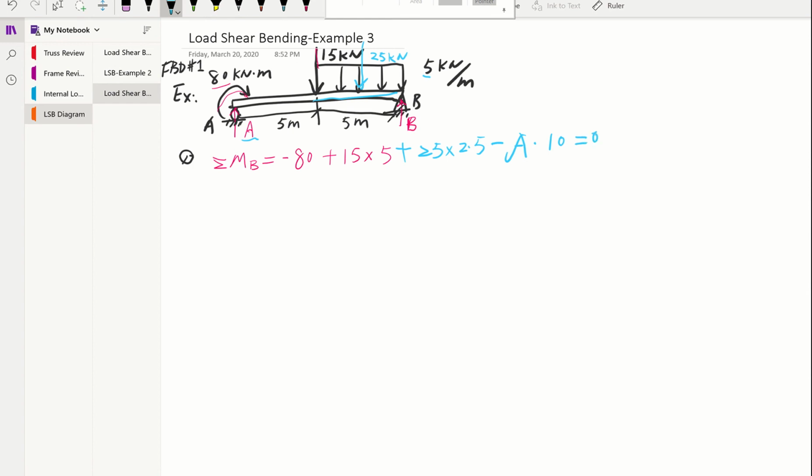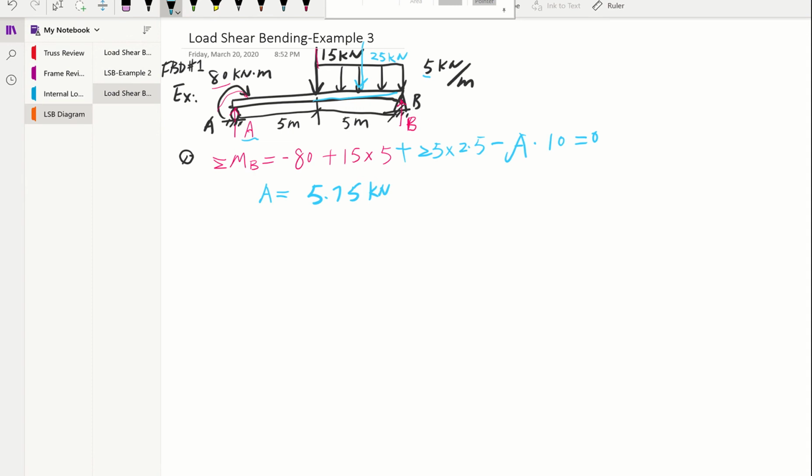Solving this, we'll get the answer for our A. So plug into the calculator. I got 5.75 kilonewton for A.